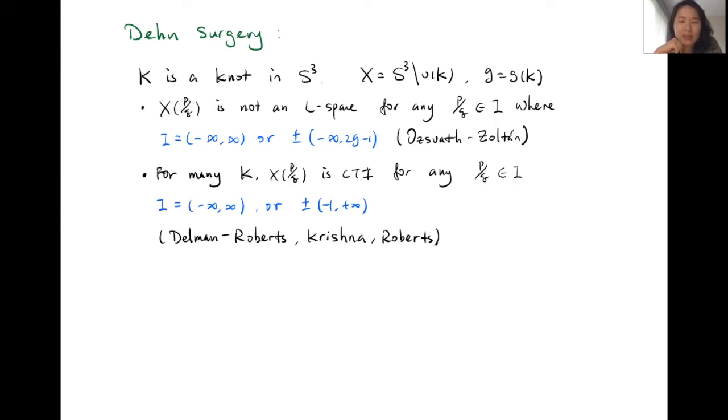And then finally, I will just mention if you look at some early work of Rachel Roberts, she looked at just fibered knots in general, and basically she tells you that you are going to have CTF for slopes in I, where I is equal to either the whole interval or from negative 1 to positive infinity, depending on, again, the monodromy of the fibered knot.